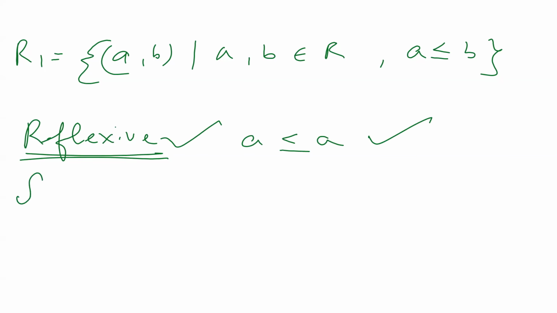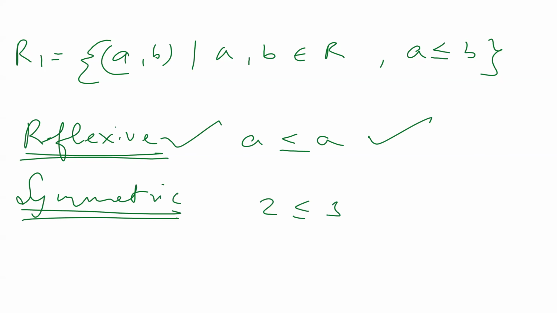Symmetric. (A, B). So let's say 2 is less than or equal to 3. This is true. This has to be true to check it being symmetric. Reverse this.